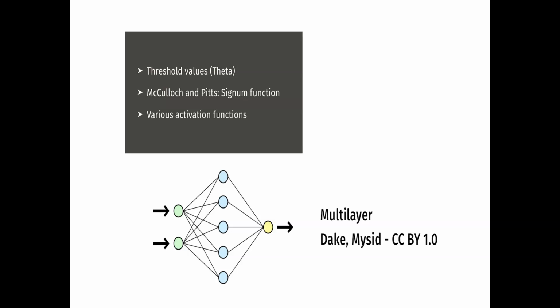A neuron calculates its output value according to the idea of McCulloch and Pitts. For this purpose, a sum of the weighted input signals is formed and compared with a certain threshold value, also called theta. If the calculated value is smaller than the threshold value, the neuron outputs -1 in the simplest case.